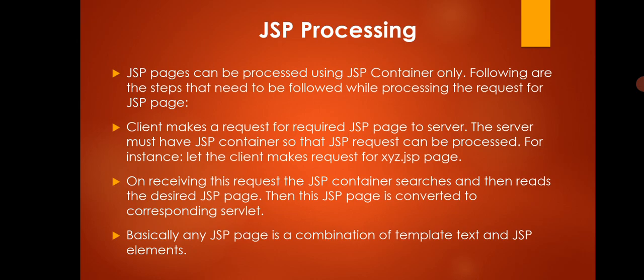On receiving this request, the JSP container searches for and then reads the desired JSP page. Any JSP page is basically a combination of template text and JSP elements. Here every template text is converted to a corresponding println statement. Every JSP element is converted into corresponding Java code also.